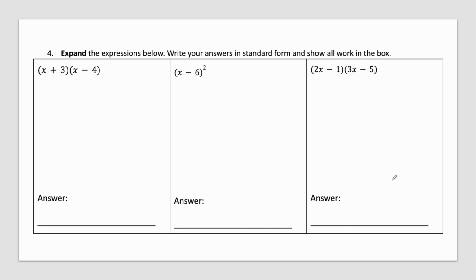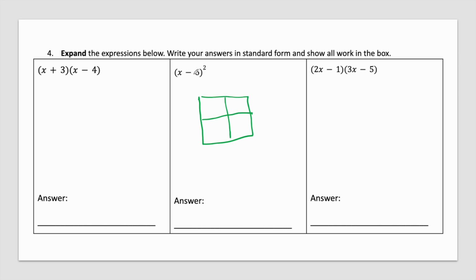Okay, expanding. We are going to use boxes for all of these guys. I'm actually going to do this middle one and then have you guys try the other two. So we're always going to have a 4x4 box for quadratics.